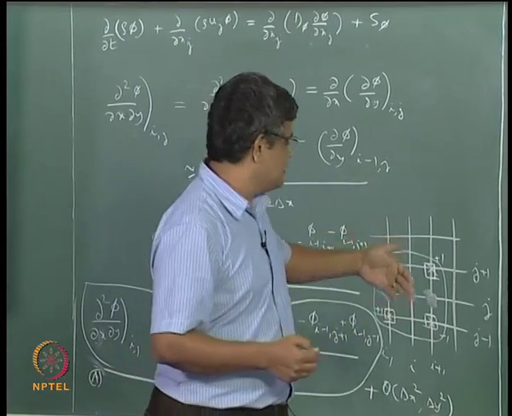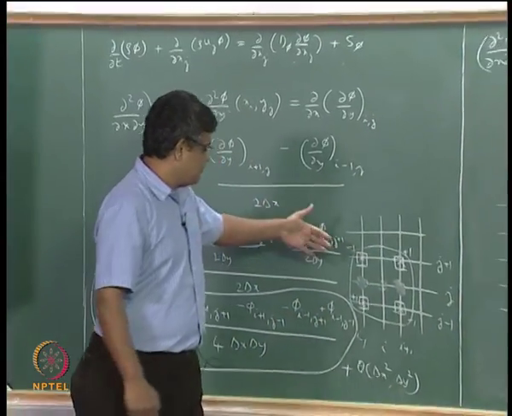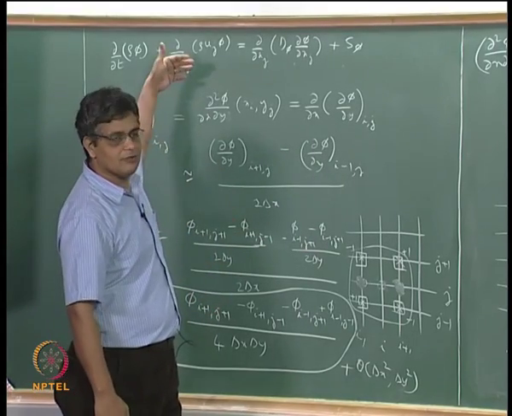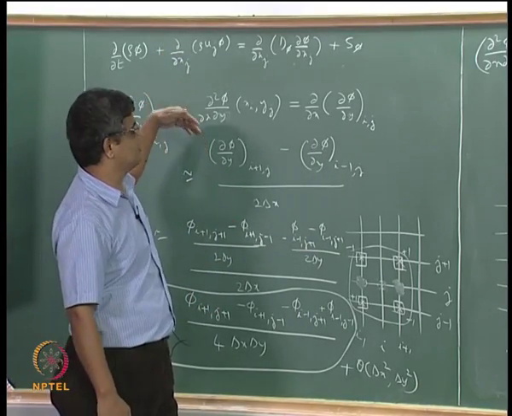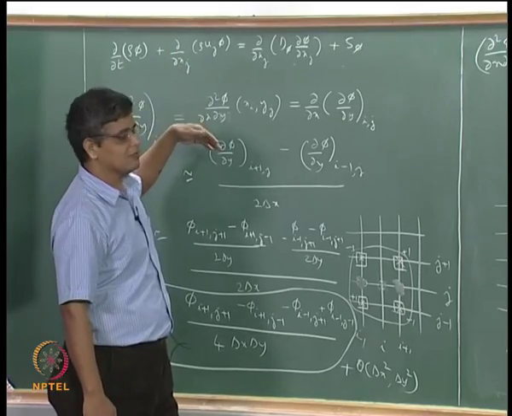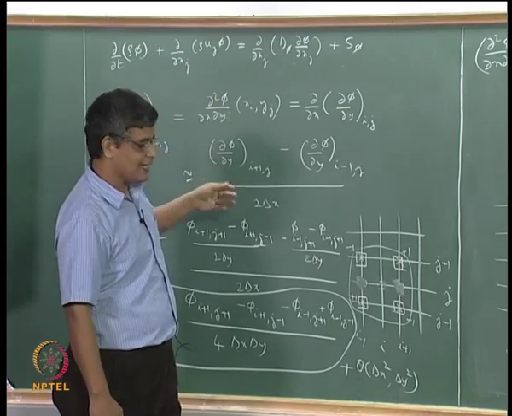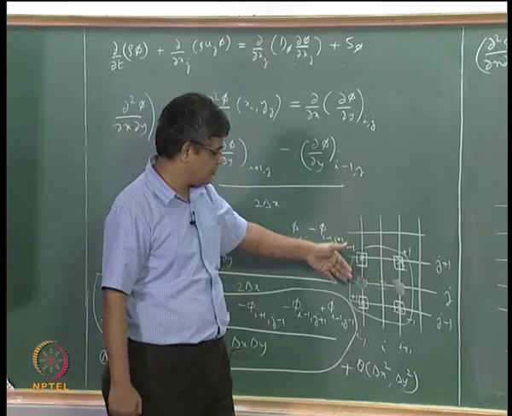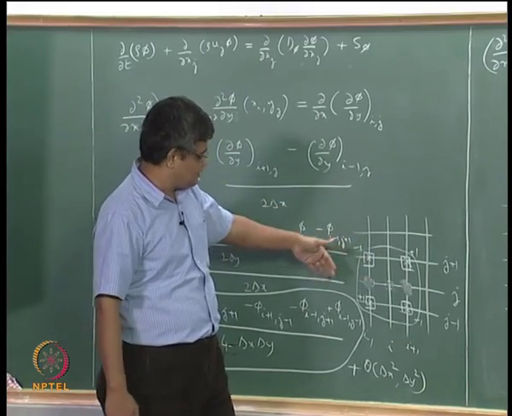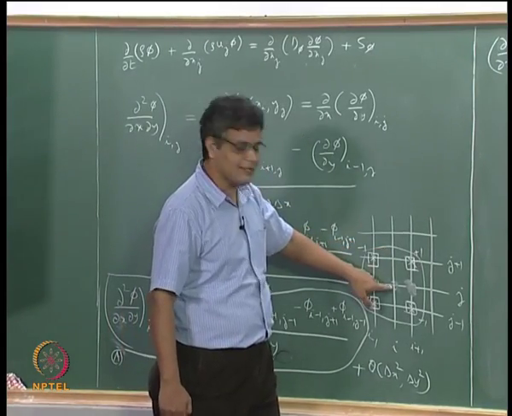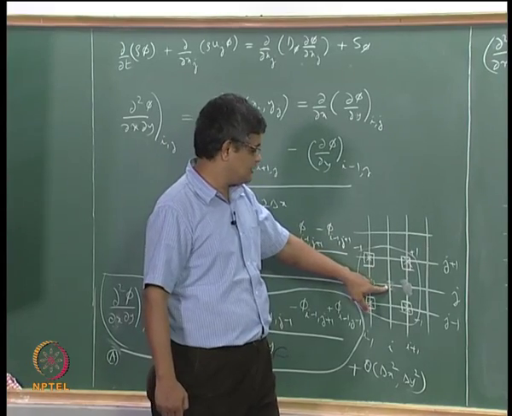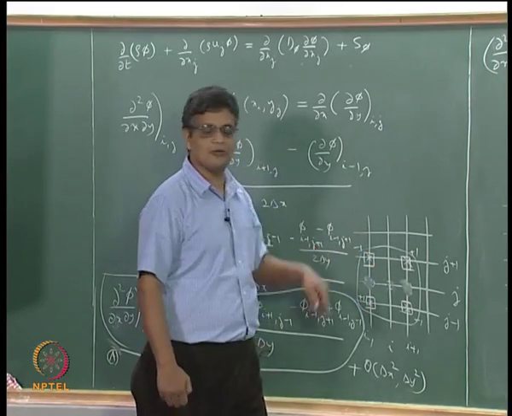So all that boils down to how we discretize, what kind of finite difference approximations we write for the derivatives which appear in the equations, what the resultant computation molecule is, and what the weightage of the central point at which we are doing the discretization is with respect to the other points.